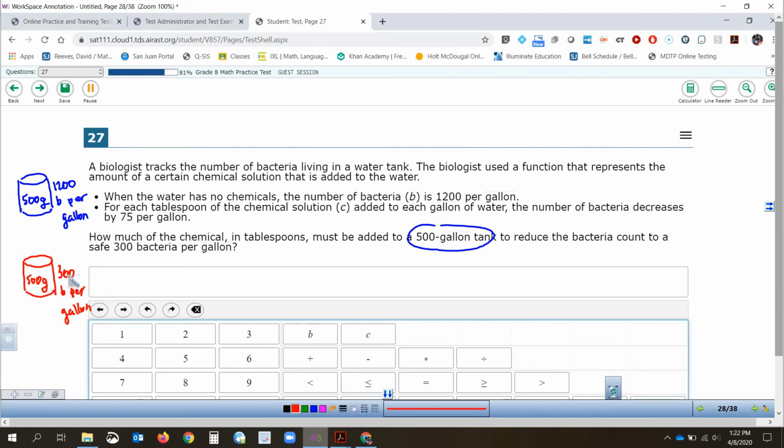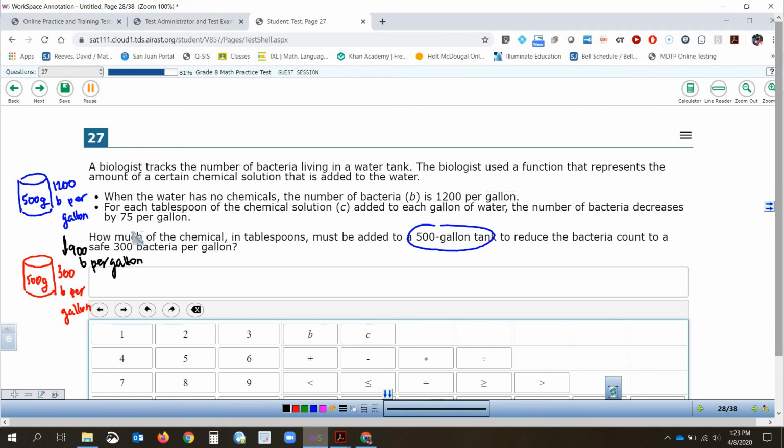So what has to happen? We have to go down 900 bacteria per gallon. That's our goal. We need to go down 900 bacteria per gallon.